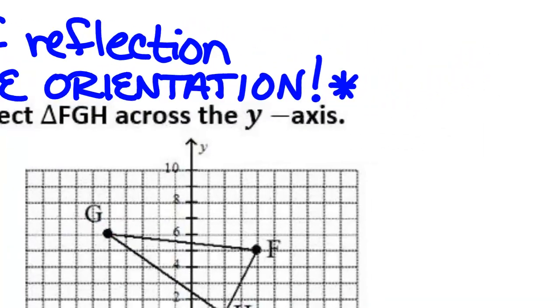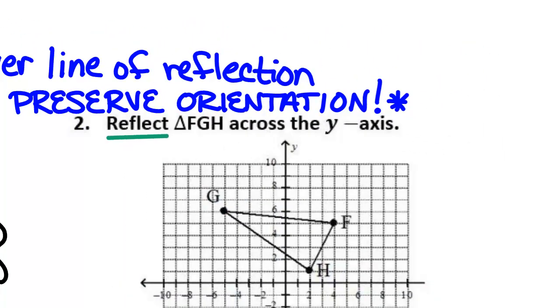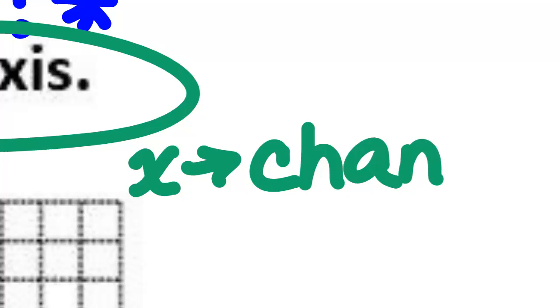Number 2, I'm supposed to reflect this one across the y-axis. Well, when I reflected over the x-axis, that meant x stayed the same and y changed sign. What do you think it's going to mean when I reflect over the y-axis? Y stays the same. So my x will change sign.